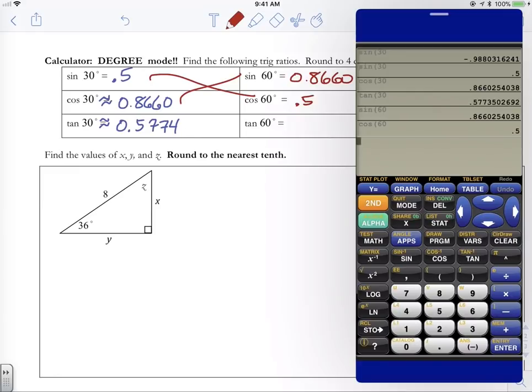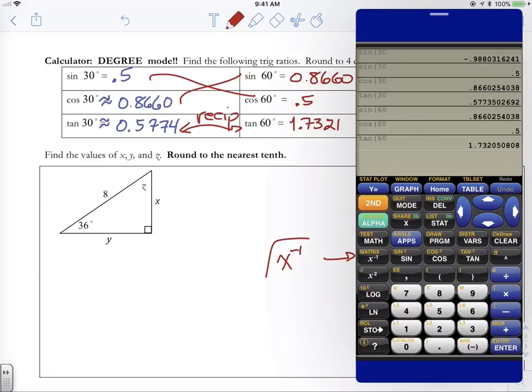Now for the tangent of 60, we can use the reciprocal of the tangent of 30. So if you typed in tangent 60, you would see it's 1.7321. Another option is to type in the tangent of 30 and use that button right there, which is the reciprocal button.